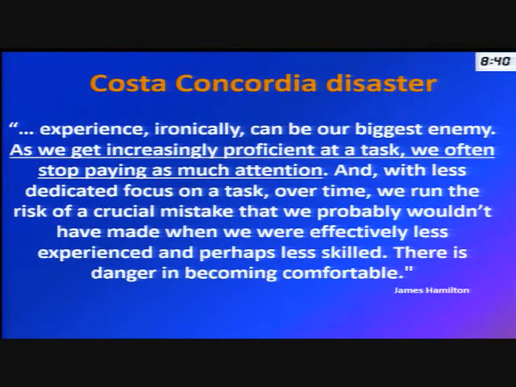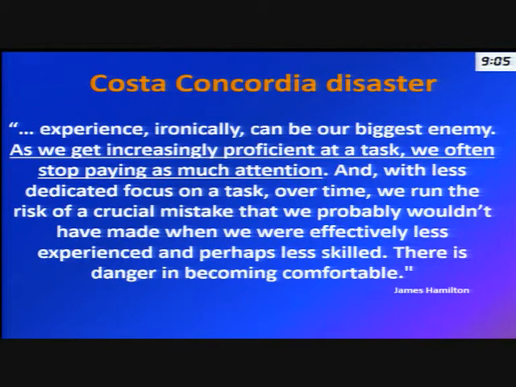This is the opinion expressed by a captain of cruise ships, who says that experience can be our biggest enemy. As we increasingly become proficient at a task, we often stop paying as much attention. And so there is a danger of becoming comfortable.